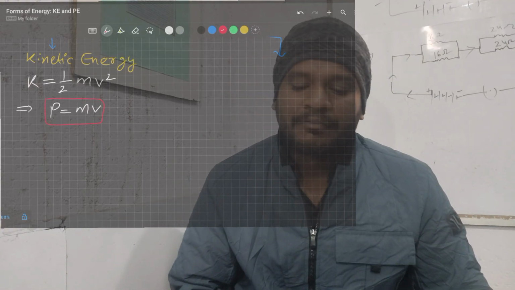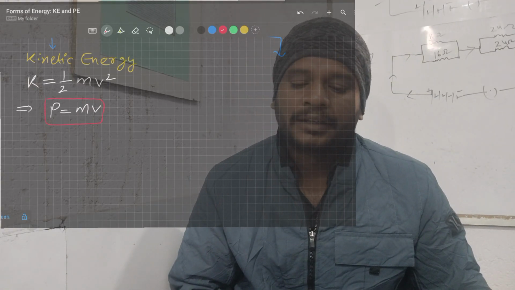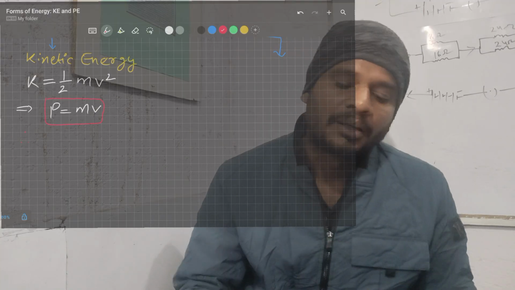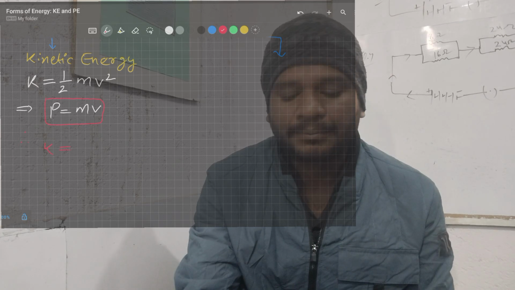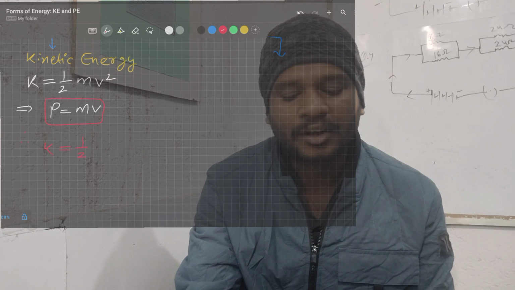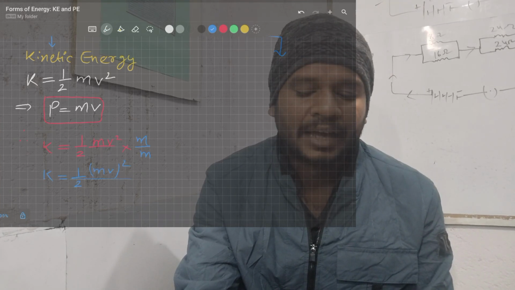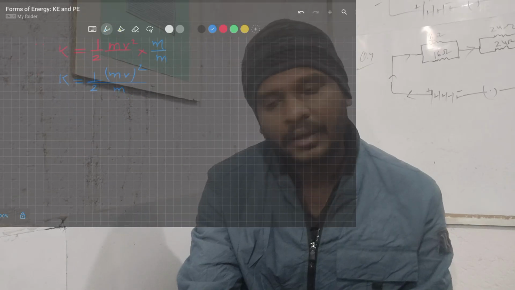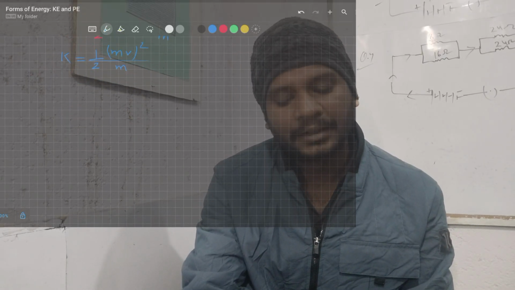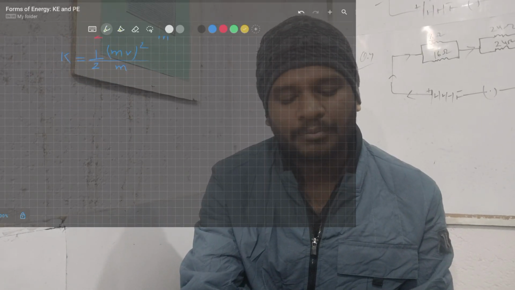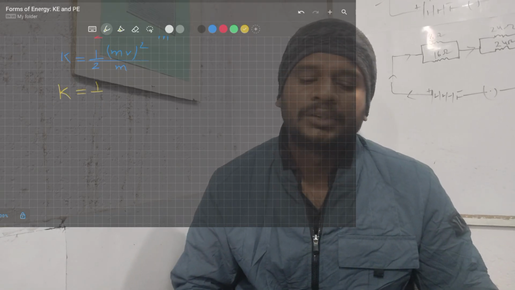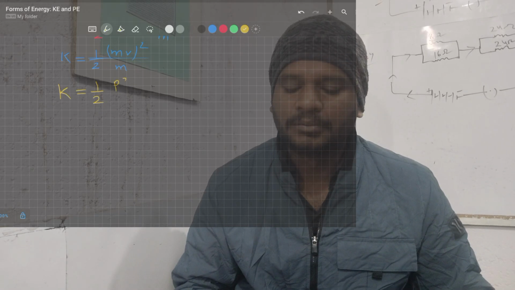So momentum is mv. The relation of kinetic energy with momentum is given by multiplying m in both numerator and denominator. This gives mv whole square by m, and mv is p, so p square by 2m is equal to K. In terms of momentum, p is under root 2Km. So this is how it is related to momentum.